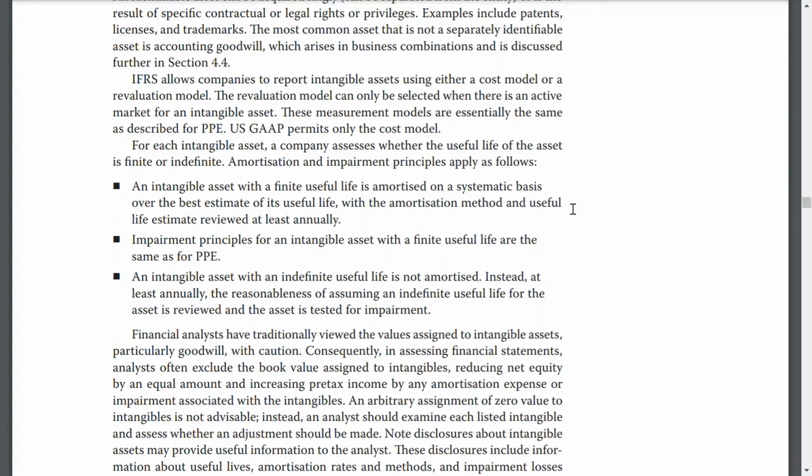Impairment principles for intangible assets with a finite useful life are the same as for PPE. Intangible assets with an indefinite useful life are not amortized. Instead, at least annually, the assumption of an indefinite useful life for the asset is reviewed, and the asset is tested for impairment.